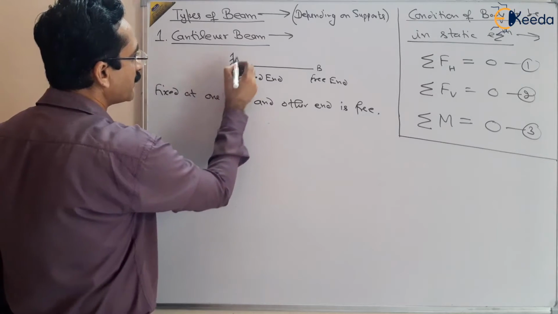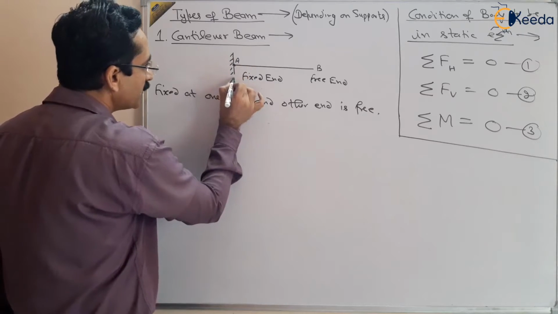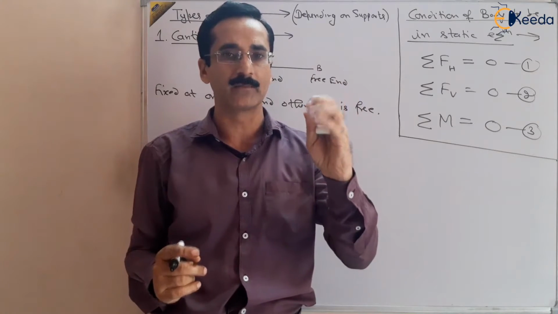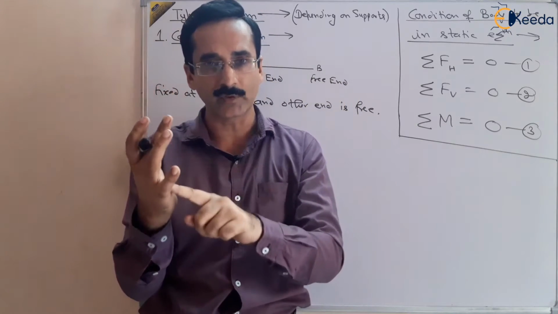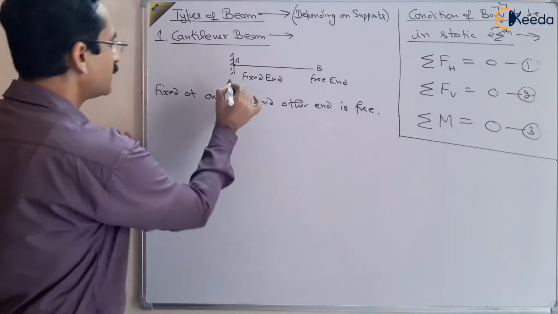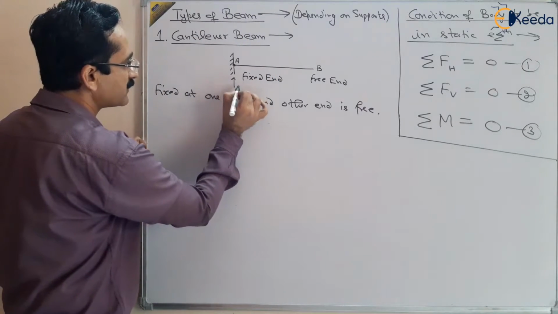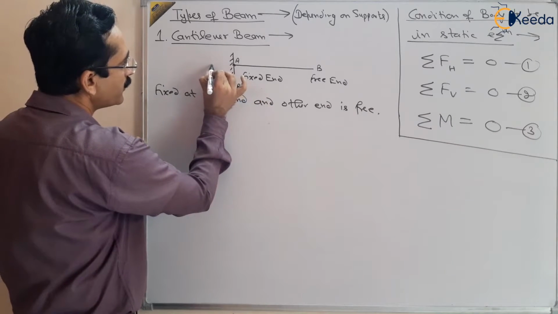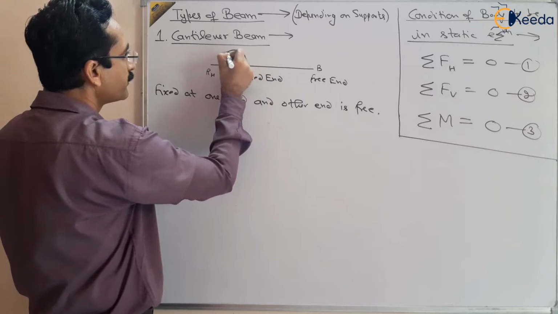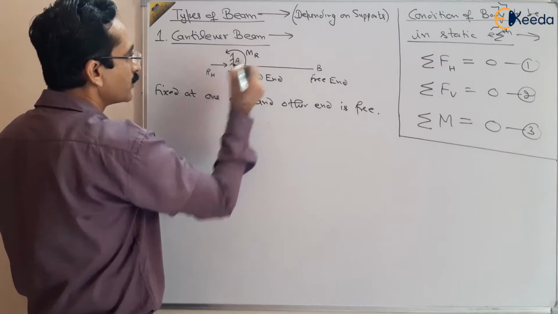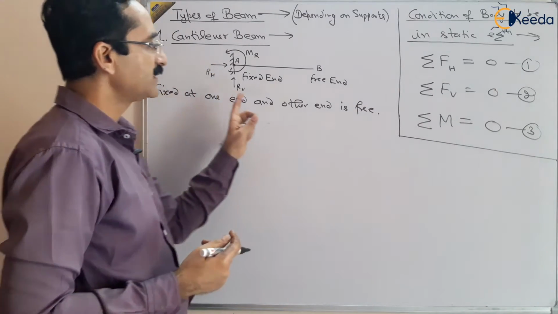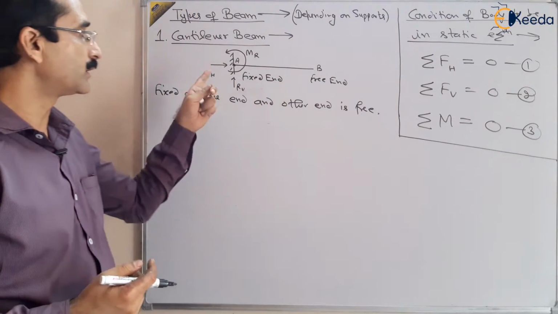We know that at fixed end there are 3 reactions basically: horizontal reaction, vertical reaction, and the resisting movement, right? So there will be 3 reactions. Here is vertical reaction, horizontal reaction, and the resisting movement, right? And we want to know whether it is a statically determinate beam or indeterminate beam.